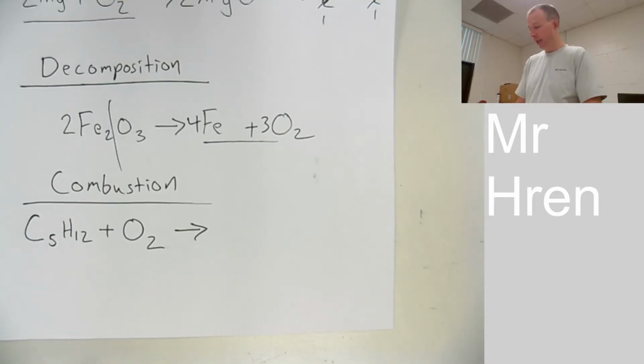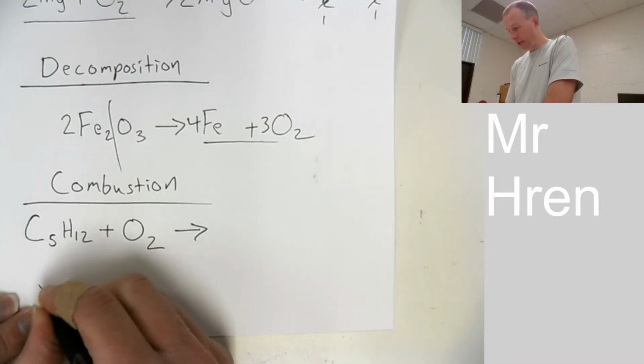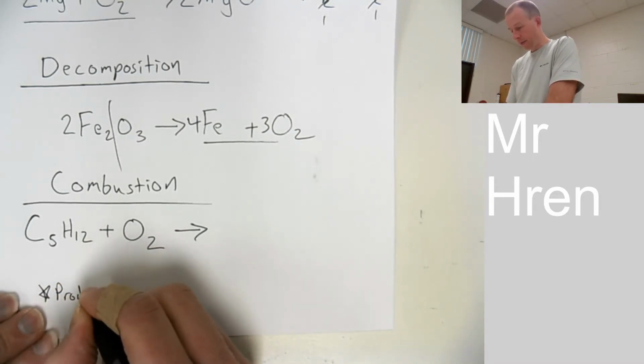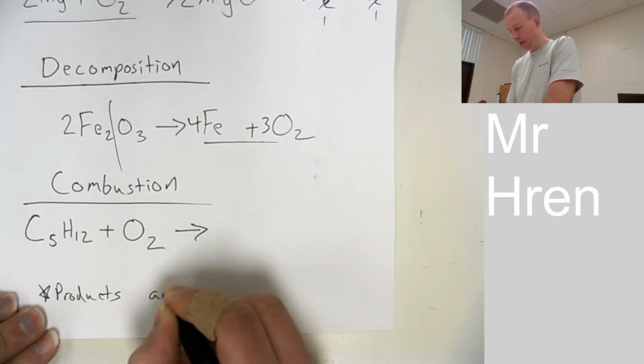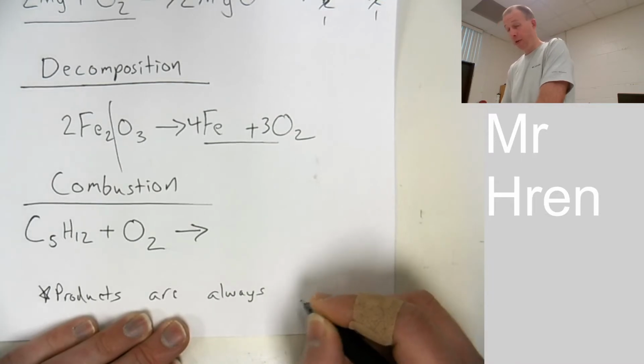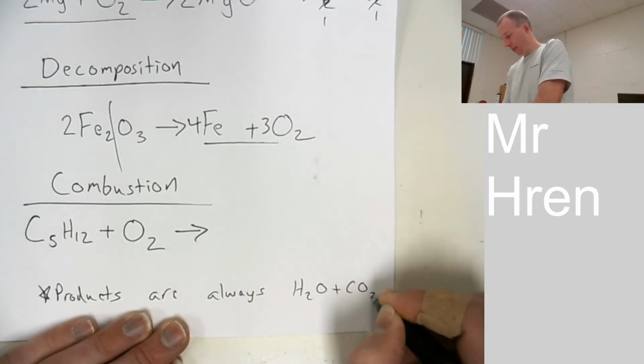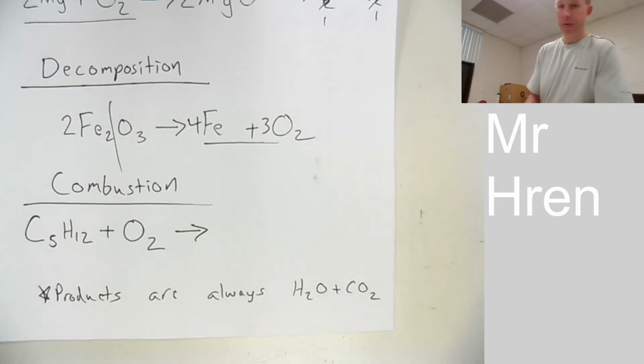And the nice thing about combustion reactions is it's really easy to predict them, because in a combustion reaction, the products, that is the things that are made, are always H2O plus CO2. Water vapor and carbon dioxide.